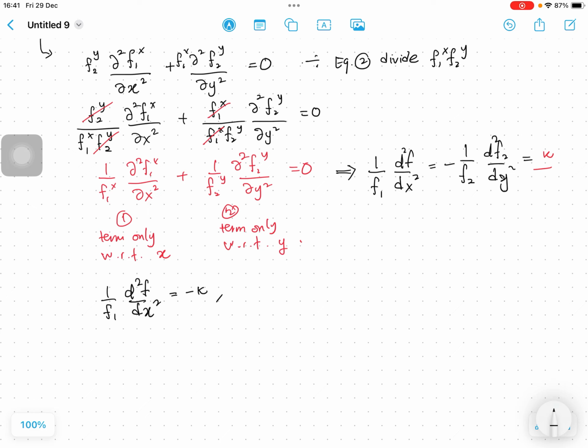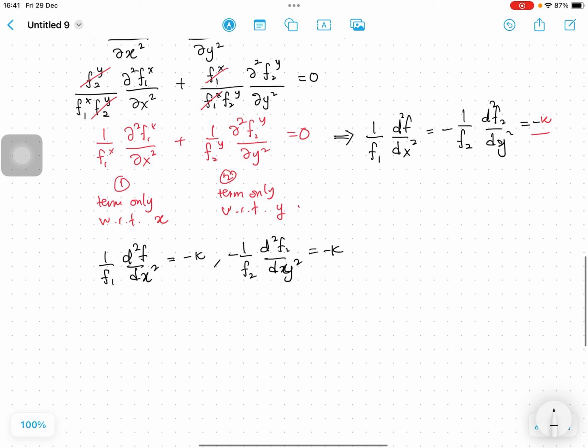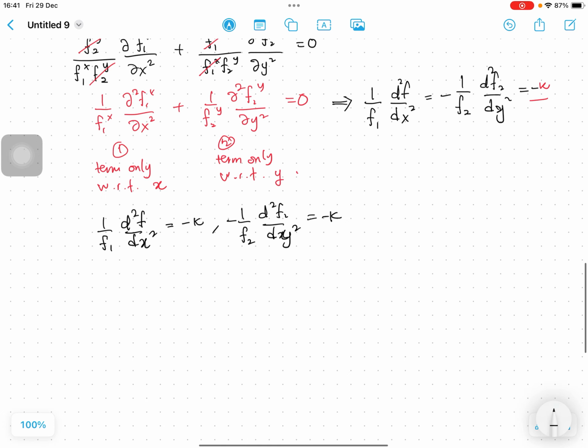And the other one, 1 over f2 d²f2/dy², equals k, since minus minus gives a positive. It is very common, conventional, to take the constant as minus k, because it depends on your solutions. You can stick with positive if you want.